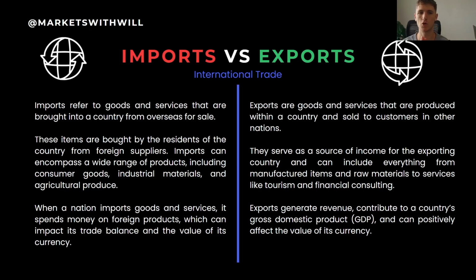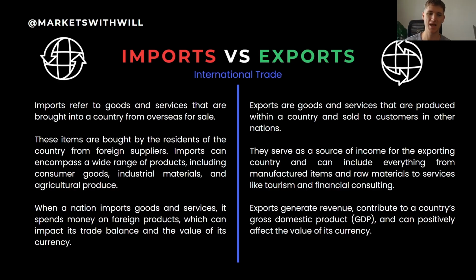Now, let's talk about imports versus exports. A lot of people miss this, but international trade is absolutely huge. So what are imports? Imports refer to goods and services that are bought into a country from overseas for sale. These items are bought by residents of the country from foreign suppliers.